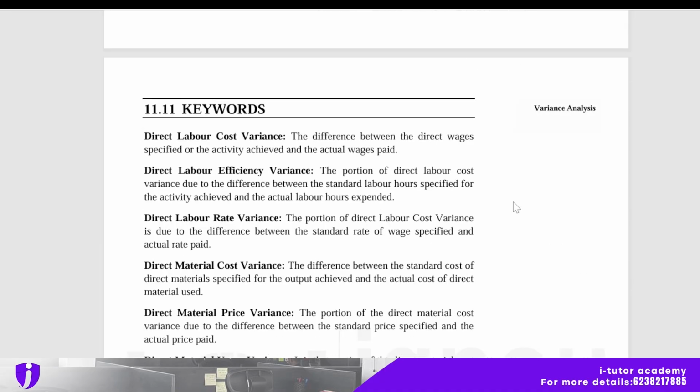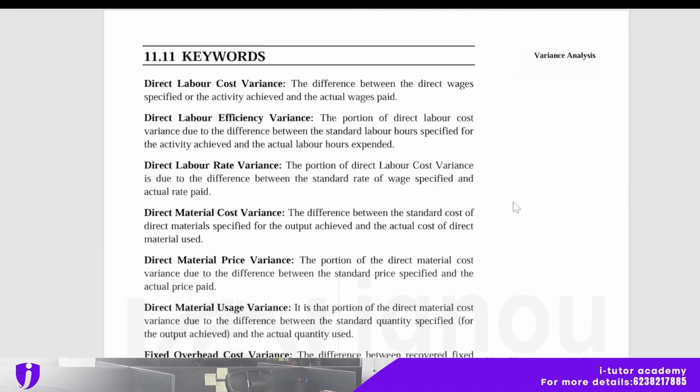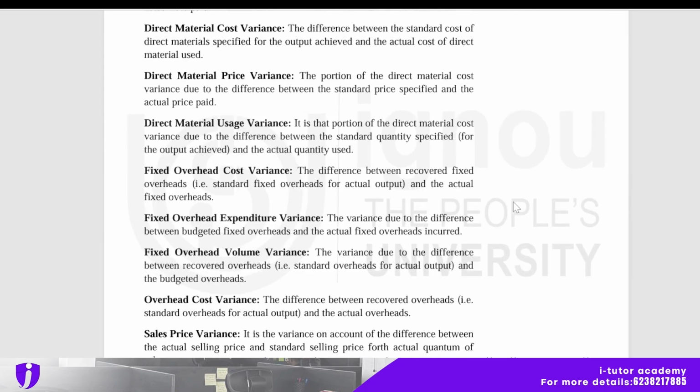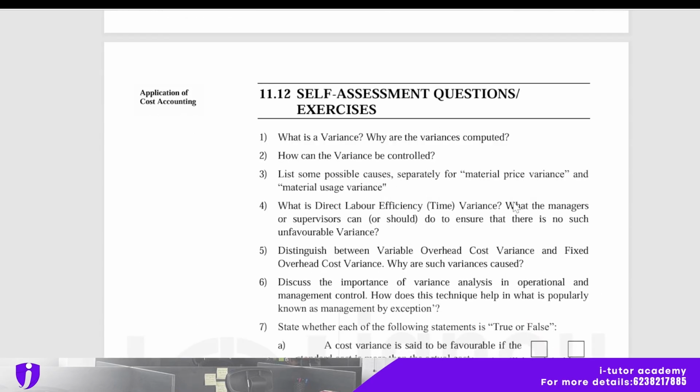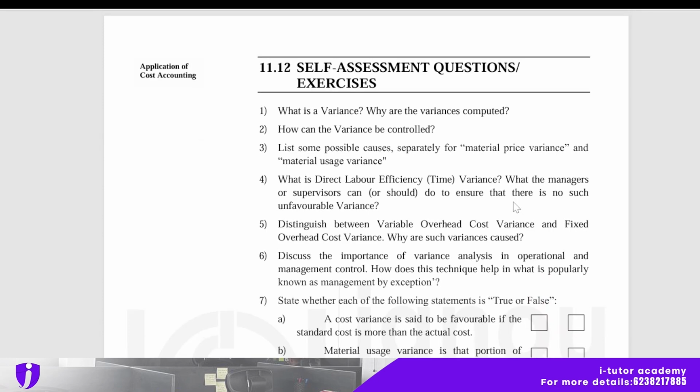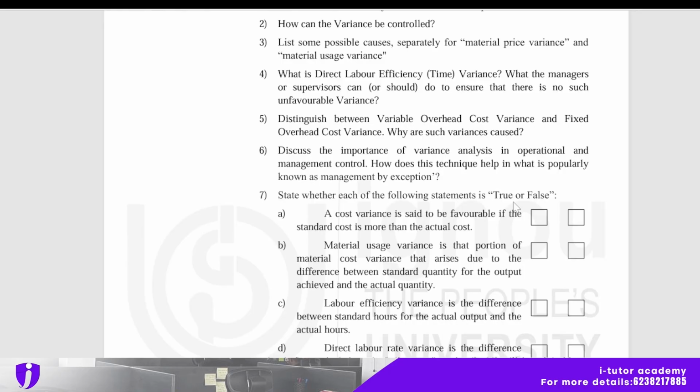And the keywords are from this chapter. If you feel any keywords are difficult, you just refer to this section. And self-assessment questions are also here. What is a variance? Why are the variances computed? How can the variance be controlled? And list some possible causes separately for material price variance and material usage variance. And what is direct labor efficiency, that is, time variance?